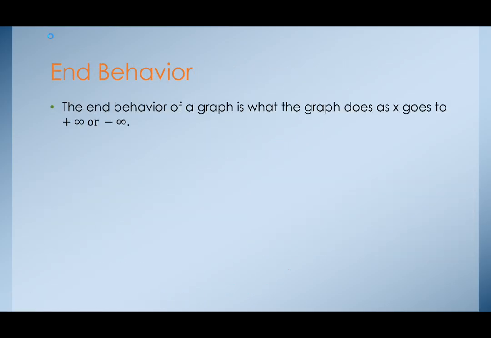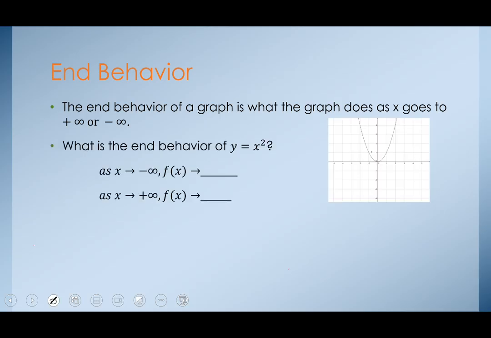So we're going to talk about end behavior. So the end behavior of a graph is what the graph does as x goes to positive infinity or negative infinity. So we look at this. Of course, this is, again, y equals x squared. And we're asking, what is f of x doing as x goes towards negative infinity?